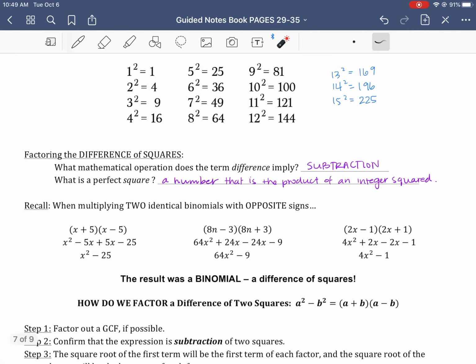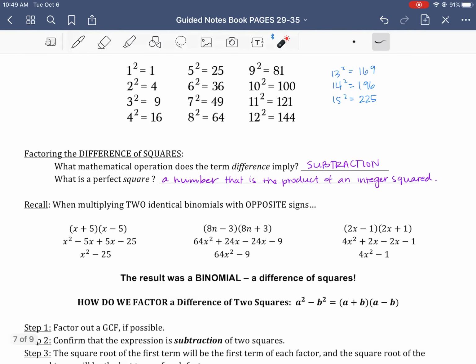Okay, once we find a difference of squares, the reason we can factor it, notice down here, these are like the difference of squares. When we talked about multiplying binomials, we said the only time you end up with a binomial after multiplying the two binomials is when we had identical binomials with opposite signs.